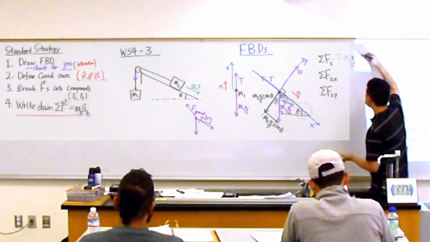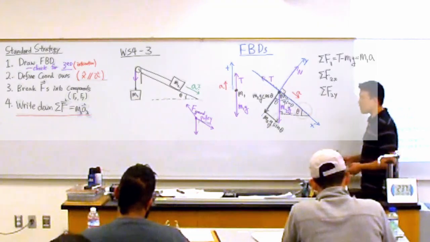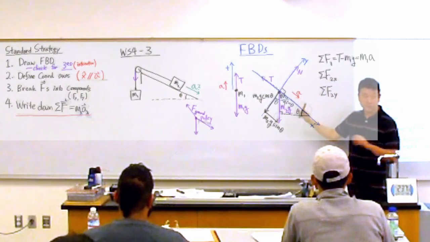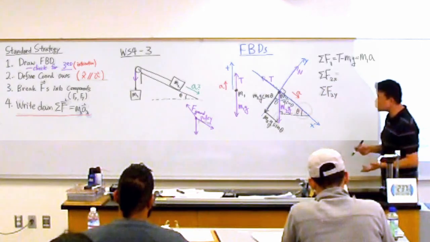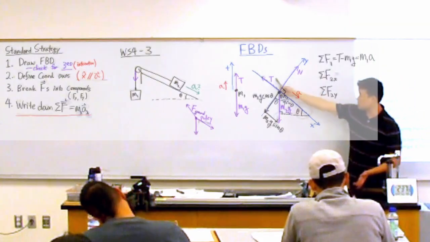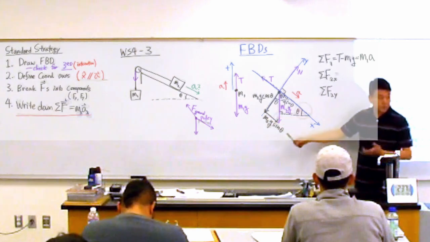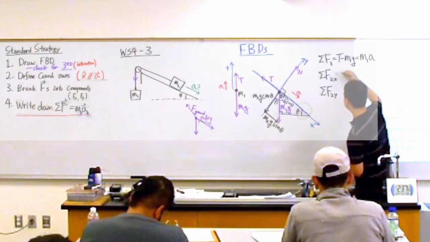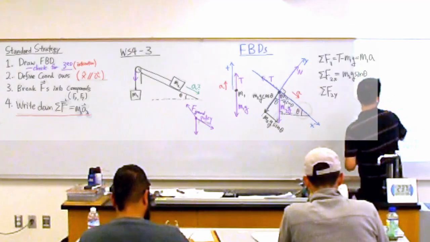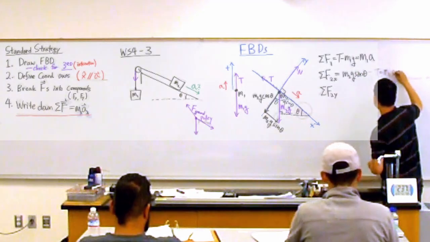So it's the mass of the object times the acceleration. And everyone's okay with these two having the same magnitude of acceleration, right? They move together. So block 2, along the x direction, you have tension, which is going in the negative direction. And you have the x component of gravity, which is going in the positive direction. So I'm going to write down m2g sine theta minus T is equal to m2a.